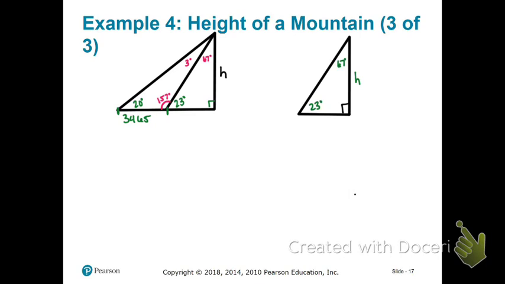If I knew another side, then I could just use SOHCAHTOA, right? Because it's a right triangle. So I'm going to have to use a triangle on the left there to help me somehow find another side.